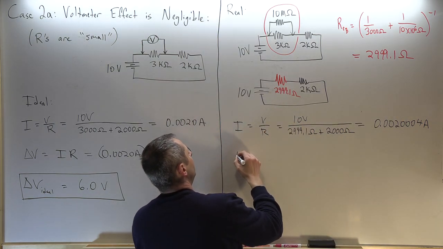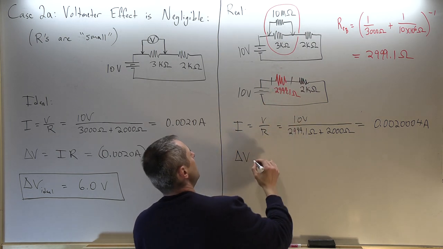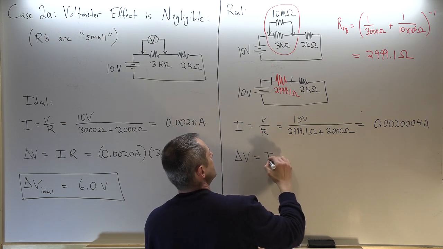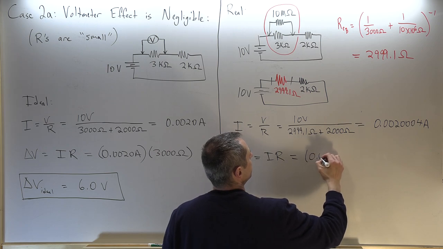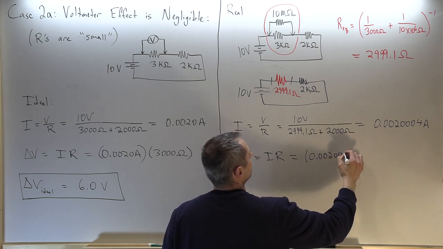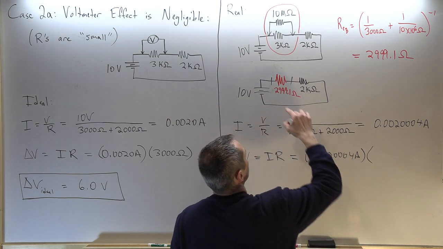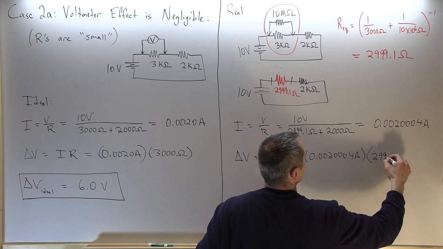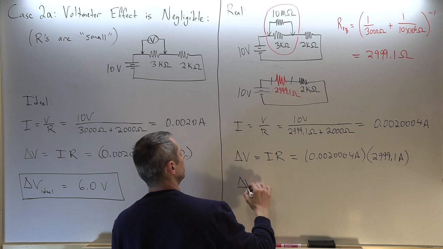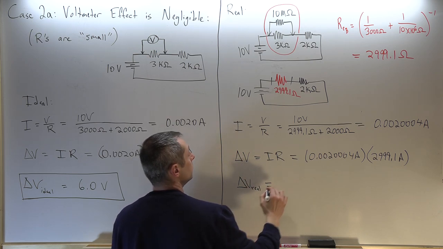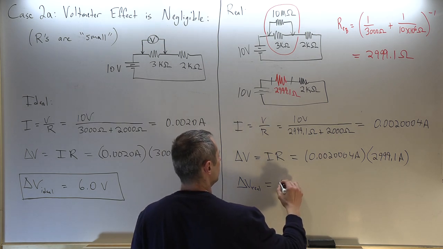And now we can find the delta V from here to here, which is what the voltmeter measures, by using Ohm's law with the I and the R together for V. And so we can get 0.002000 times this 2999, and we get the real voltage is 5.9992.